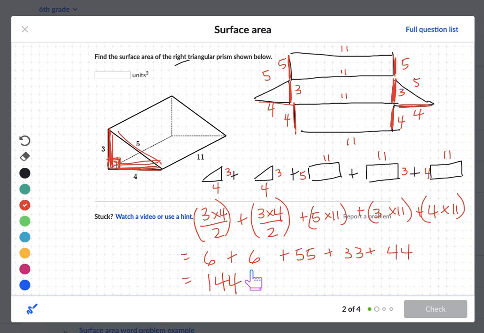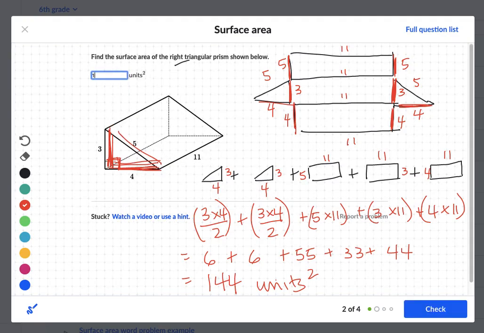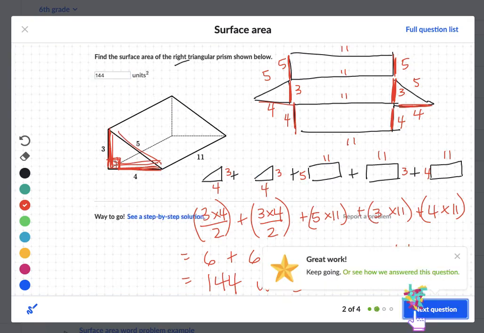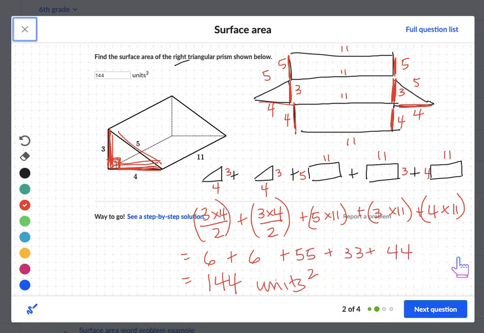Do my calculator again, just to be sure, because I don't want to do all that work for nothing. 144 units squared. And then I just want to double check I didn't do anything wrong, because that would be a shame. And there you go. Okay.